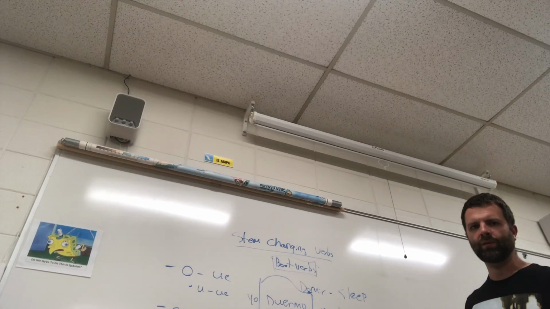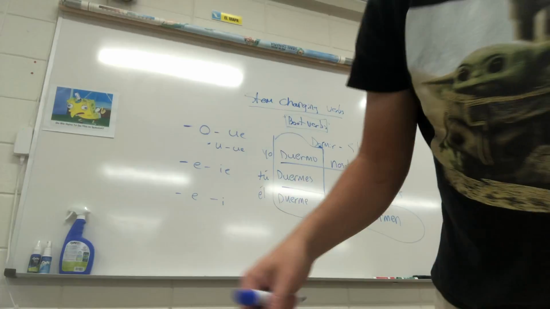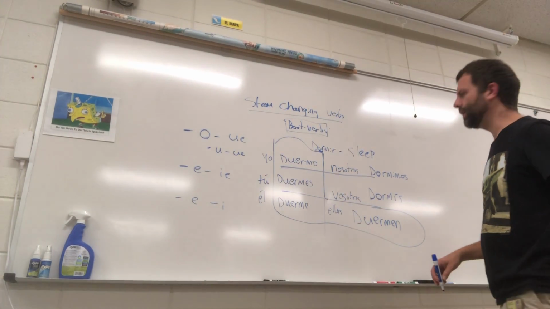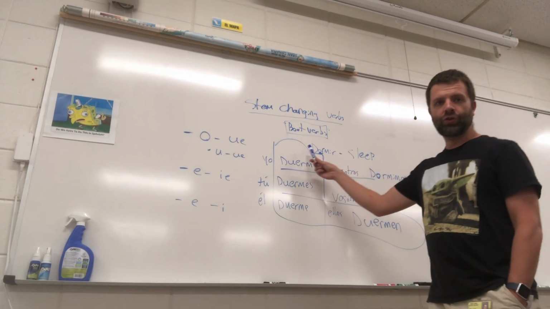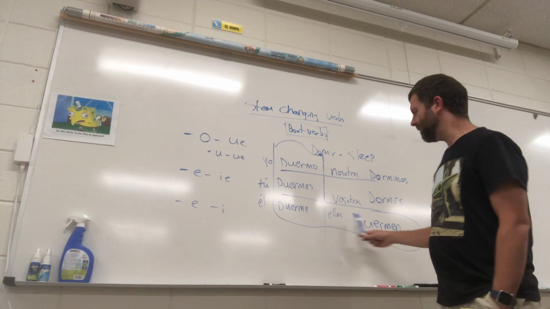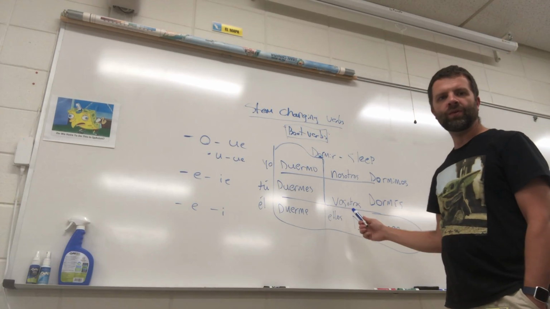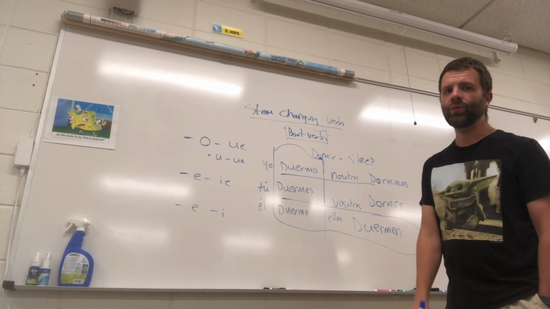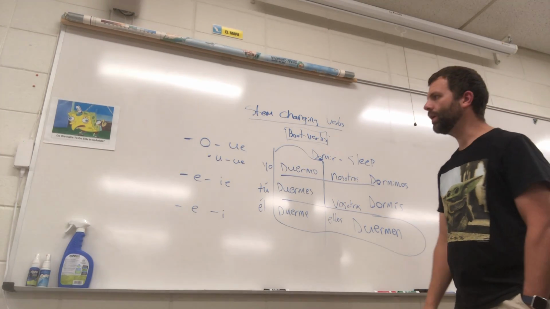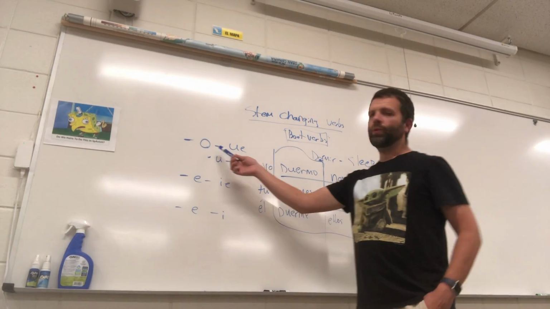That is a terrible looking boot, I understand. But hopefully you get the idea. The yo, tú, él, usted, the ellos form are all irregular. Nosotros and vosotros do not do that stem change. So, that is an O to UE verb.